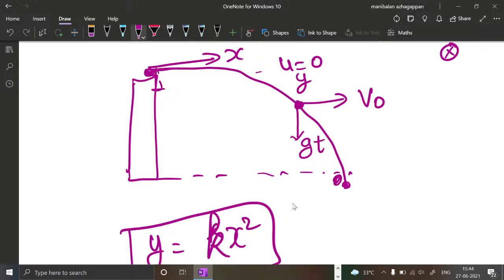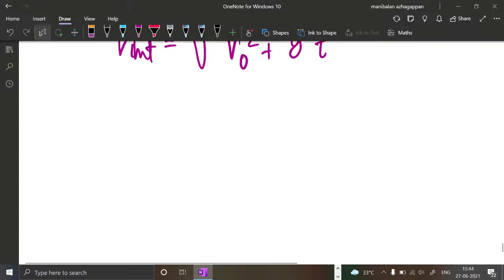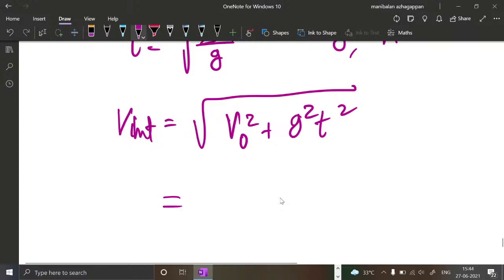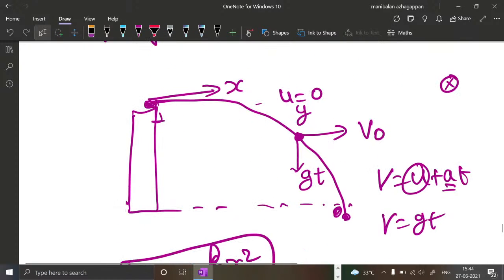Initial velocity on the y-axis is 0, v is equal to u plus at. Taking initial velocity as 0 and acceleration as gravity 9.8, v is equal to gt. That is the reason the velocity at a particular instant is root of v naught square plus g square t square. Actually I used the Pythagoras theorem. I made a small triangle: this side is v naught, this side is gt. It's very simple.